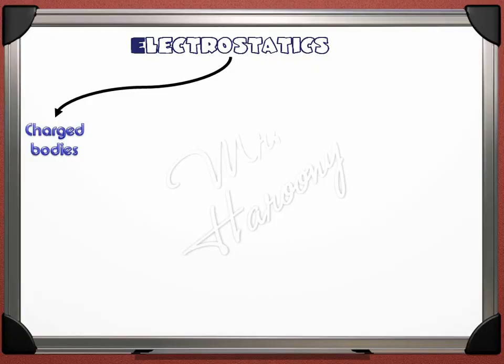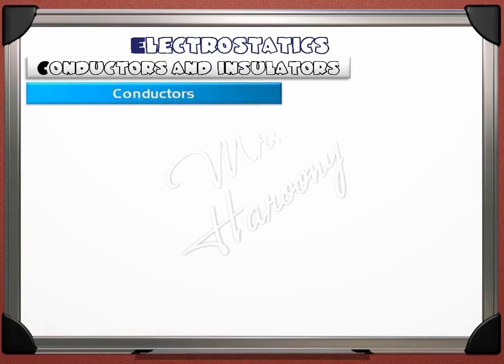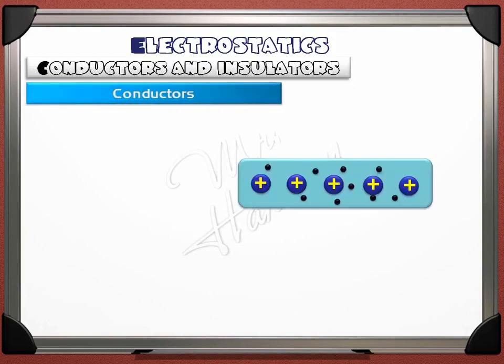The second part in this lecture talks about conductors and insulators. Actually, here it means the electric conductors and electric insulators. Materials are classified to conductors and insulators according to their acceptance to the flow of electrons. Let's start with conductors. They are materials which contain free electrons that flow through them.